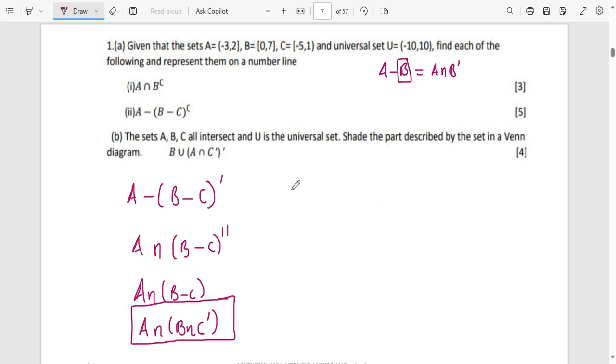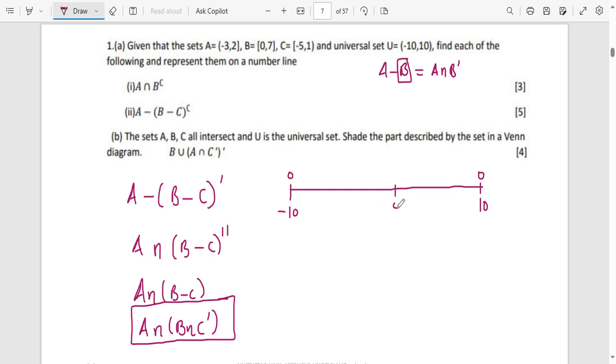The first thing first that I'm going to do is I'm going to work with the complement. Now, write always first the universal set from -10 to +10. These two guys are not being included. Now, the one with a complement is C, okay? So I'll go to my set C. C is from -5 to 1.